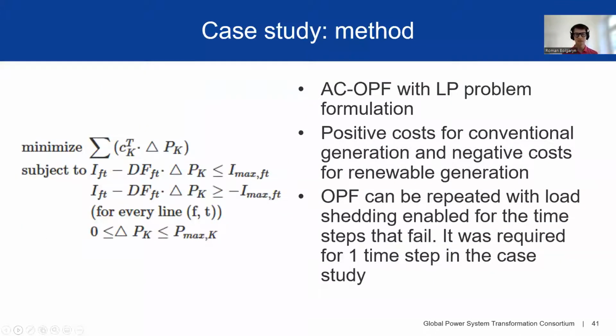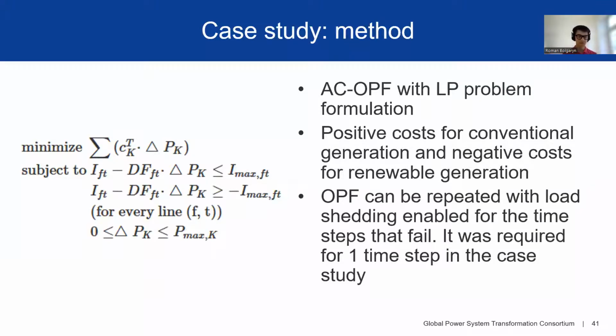We set up the AC OPF with linear programming problem formulation. We are assigning positive costs for conventional generation and negative costs for renewable generation. The purpose of this assumption is to maximize renewable generation and to prioritize a redispatch of conventional generation.